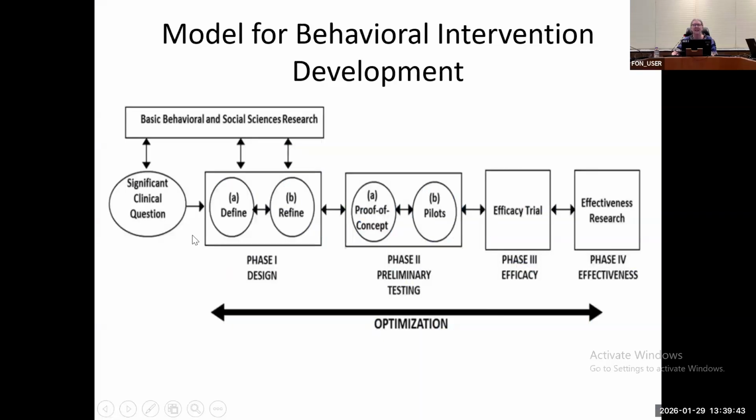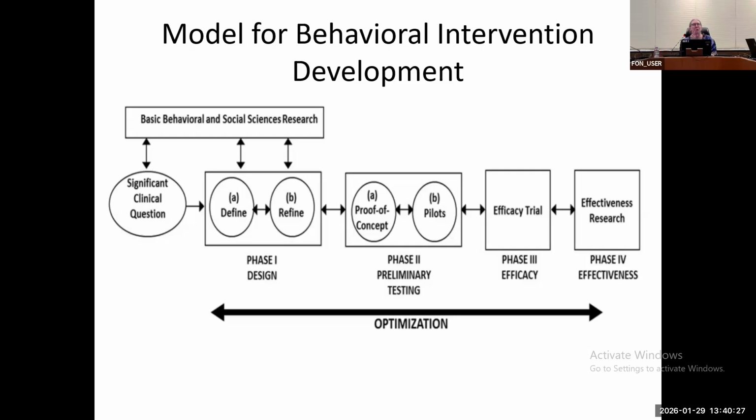Okay. So we're starting out, quite honestly, with one of my favorite models. This is something called the ORBIT model, and it's from the National Institutes of Health. The reason I like it so much is that as nurses, usually what we're doing is working towards intervention development.